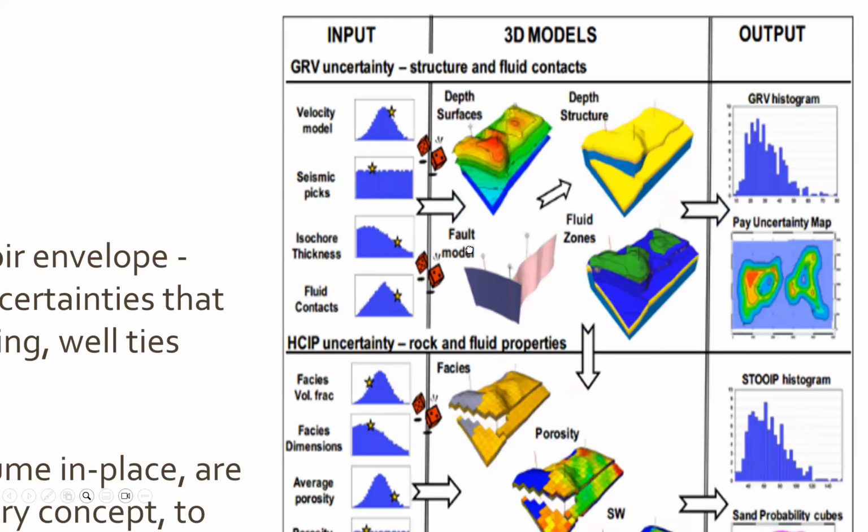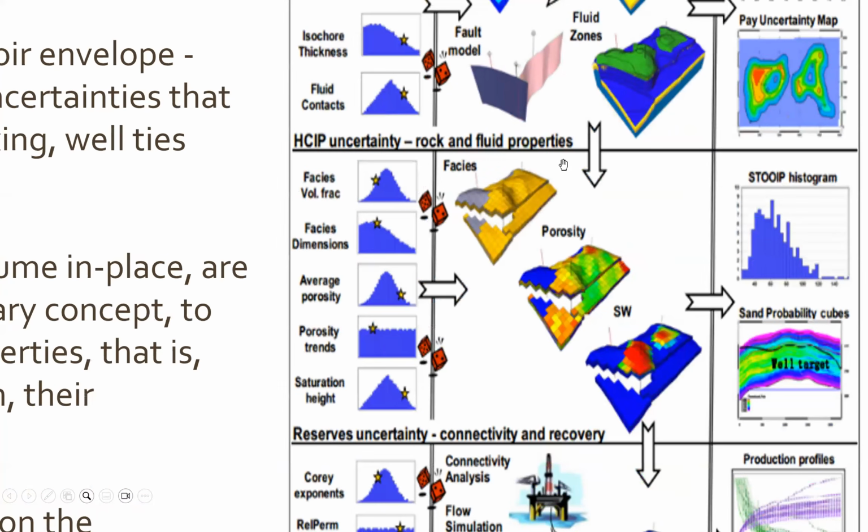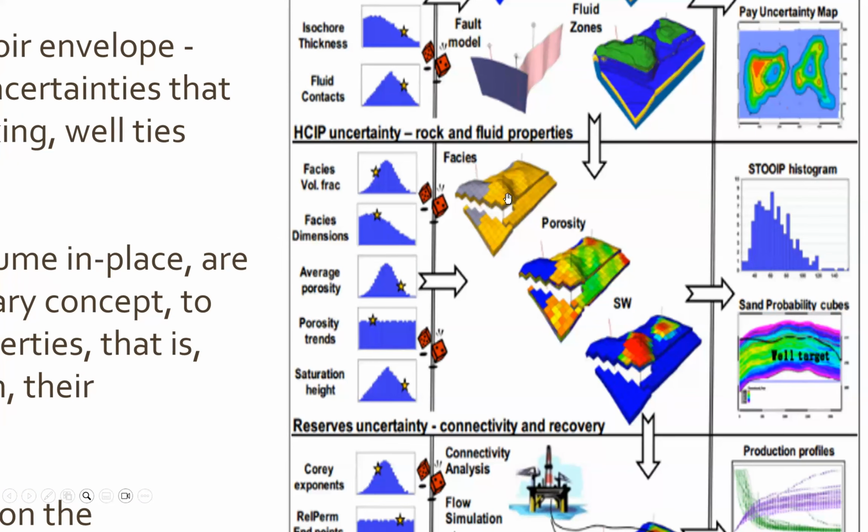Also, you have uncertainty in phases volume fraction. So you decided to use the facies here because your log said so, but probably it is not here. So it will affect all of these properties because, as I said, you need to link all the properties.